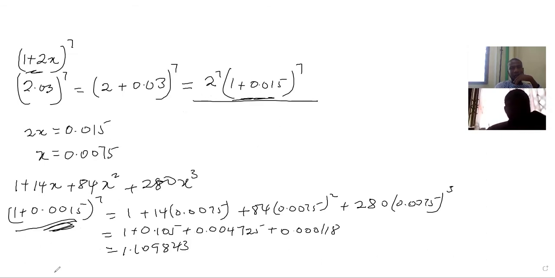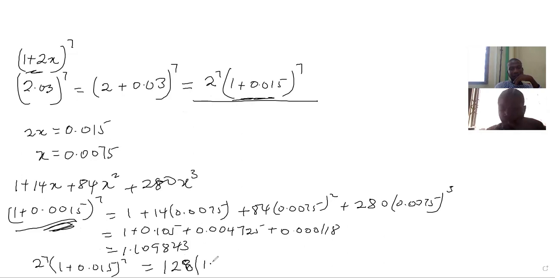So 2 exponent 7 times 1 plus 0.0075 exponent 7 will give us 128 times our answer.